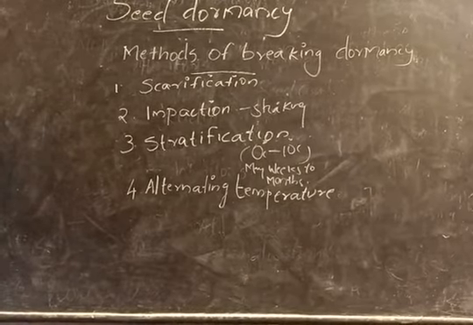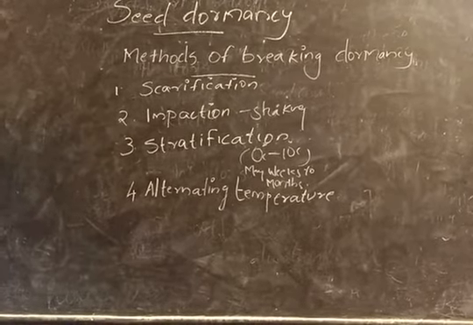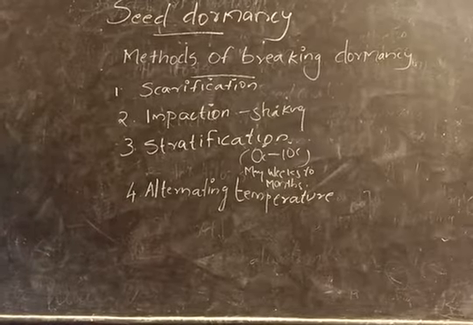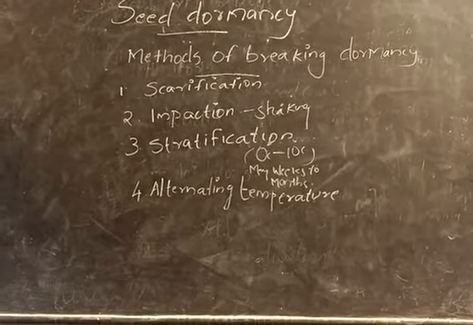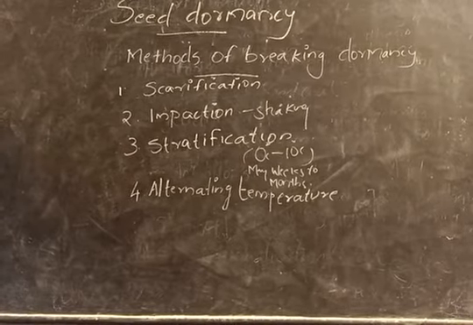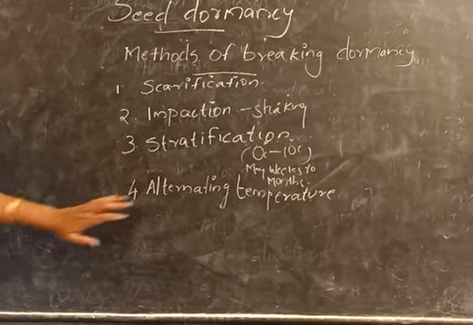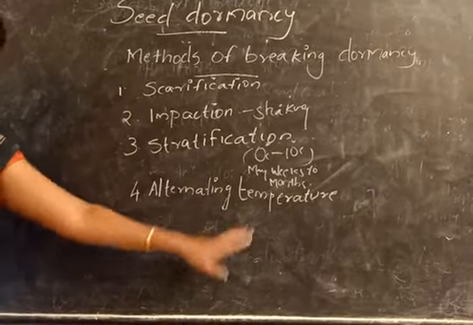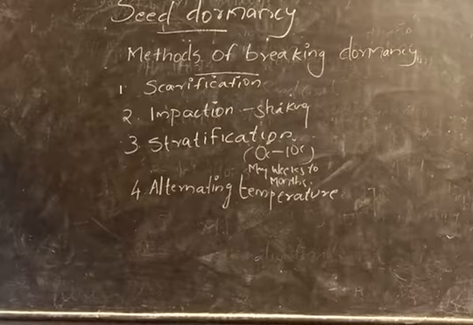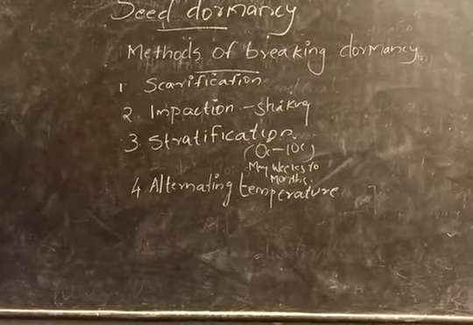Germination of some seeds is strongly promoted by alternating daily temperatures. So, an alternation of low and high temperature improves the germination of seeds. Some plant seeds require alternating low and high temperature for germination.